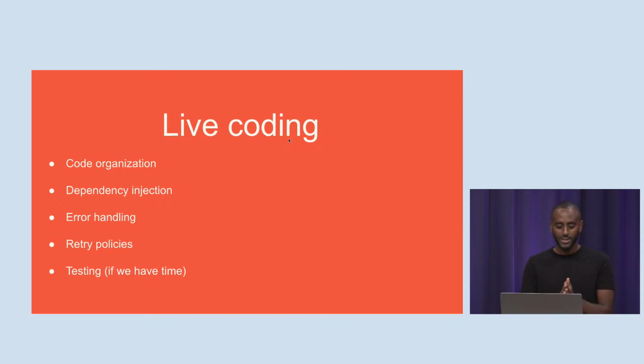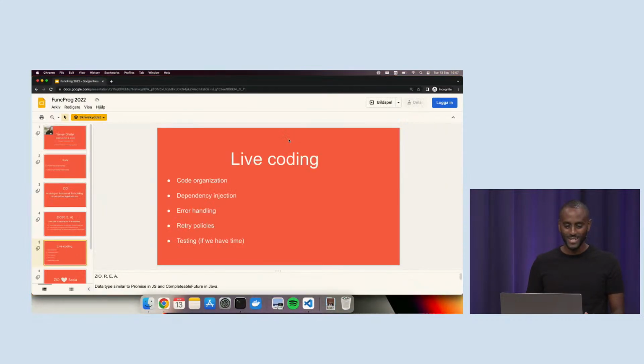We're going to look at code organization, keeping in mind what we talked about earlier: what Martin Odersky set out to create when he created Scala, how he wanted to use object-oriented programming for structuring your code base, and how ZIO leverages that vision. Then we're going to look a bit at dependency injection, how ZIO does that for you, and then some common everyday use cases like error handling and retry policies. We're also going to take a look at testing if we have time.